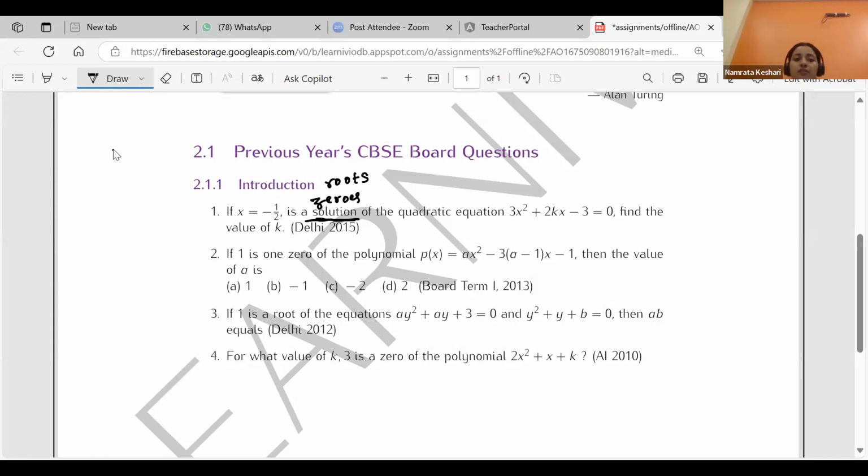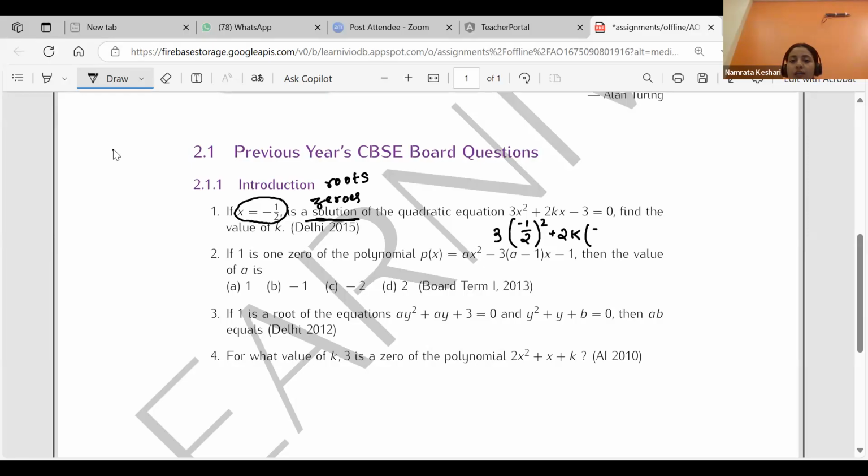So x equals minus 1 by 2 is a solution of the quadratic equation. If it is a solution, we can substitute this value at the place of x. Yes or no? It will satisfy this equation, right? Yes, ma'am.